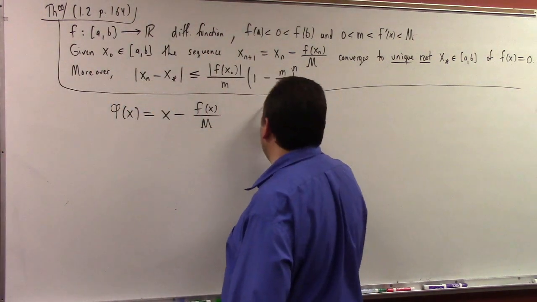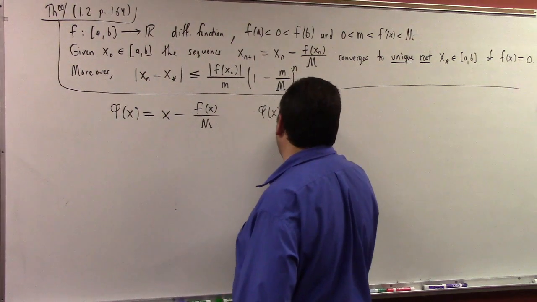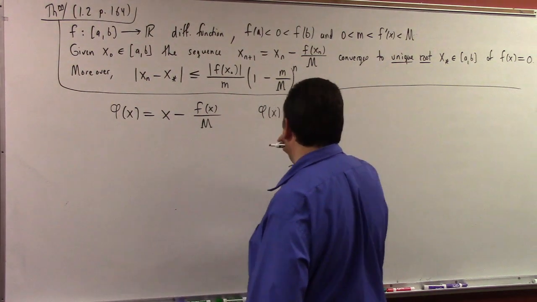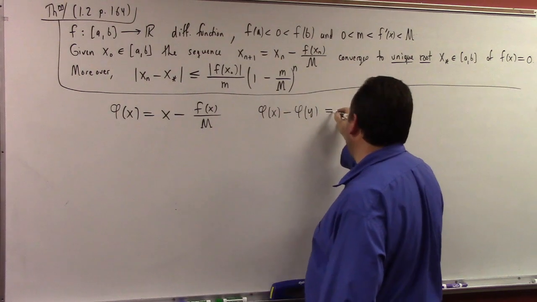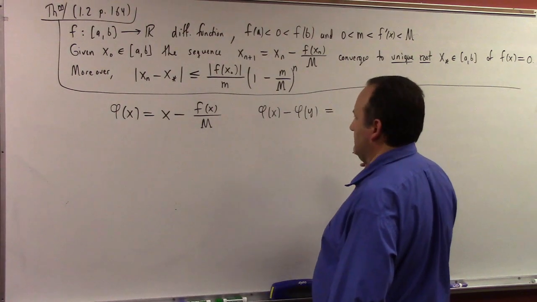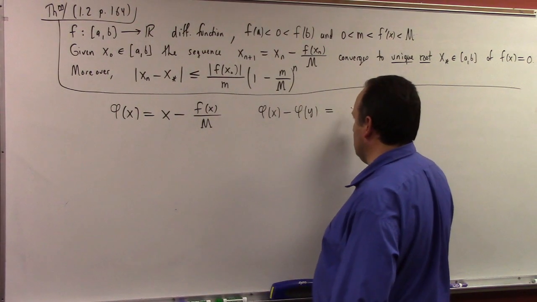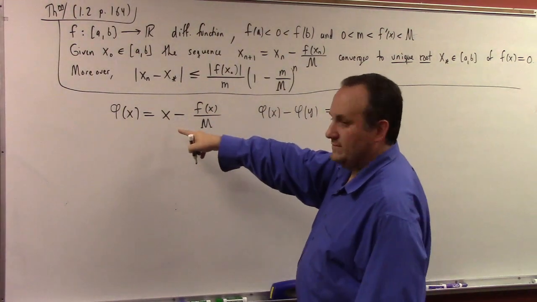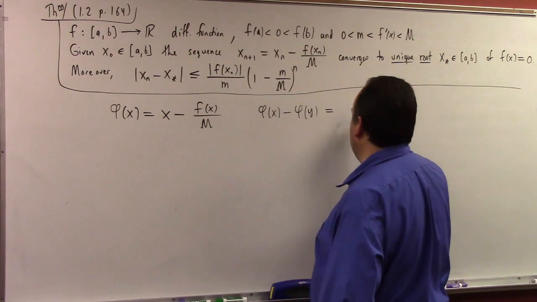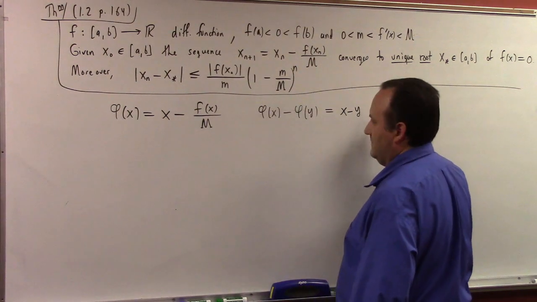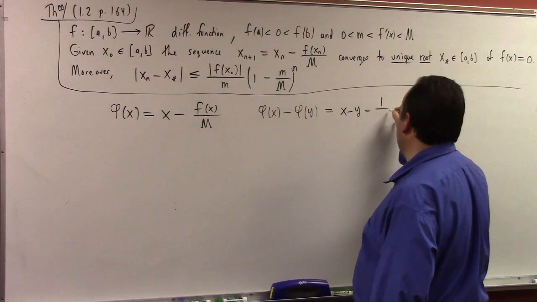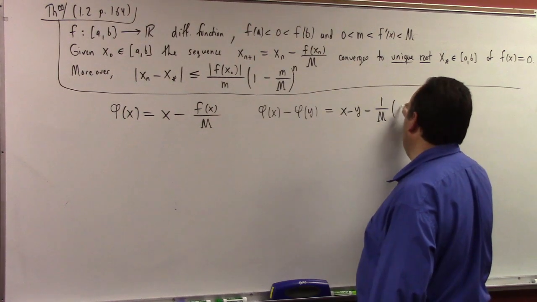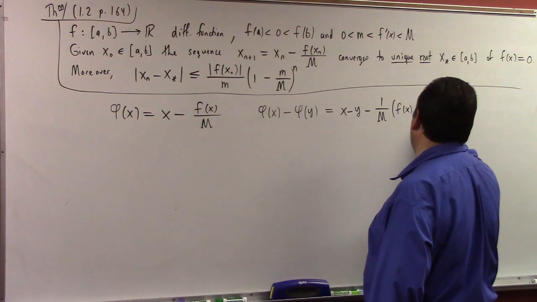So let's look at that. Phi of x minus phi of y. That is equal to what? If this is my definition, I've got x minus y minus 1 over m times f of x minus f of y.